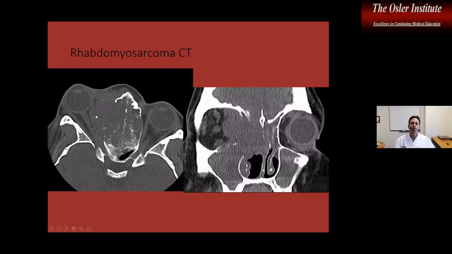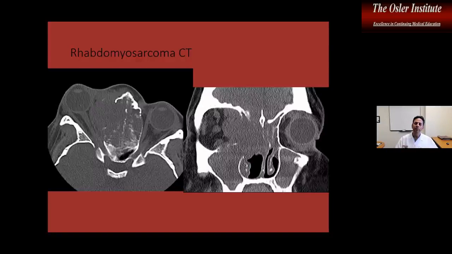And then here, so there are 4 kinds of rhabdomyosarcoma. So embryonal is the most common one. Then you can have the most aggressive, which is alveolar. You can have sort of the more benign one as well, with the best prognosis.